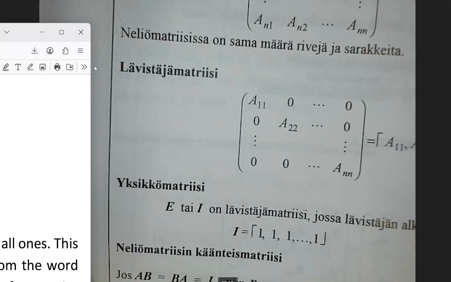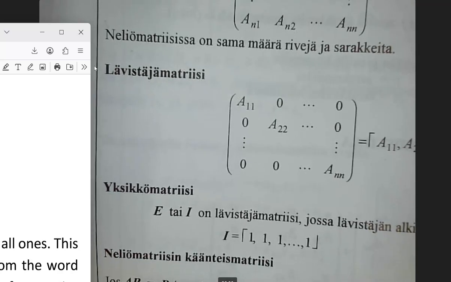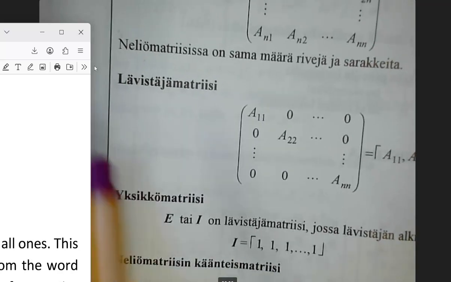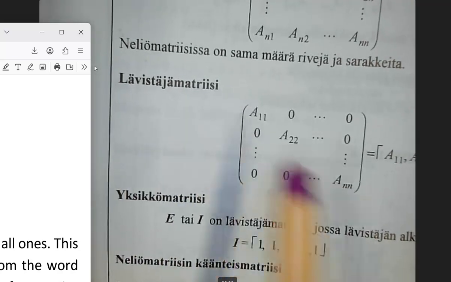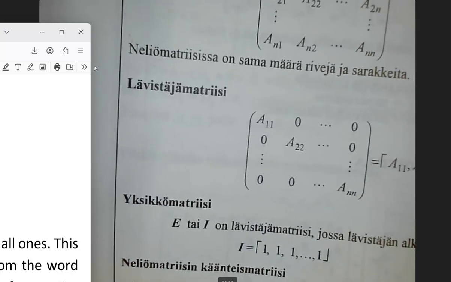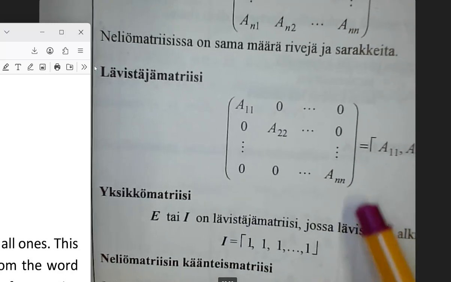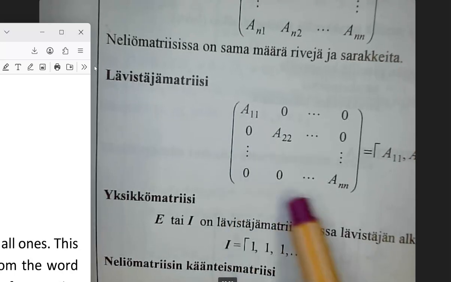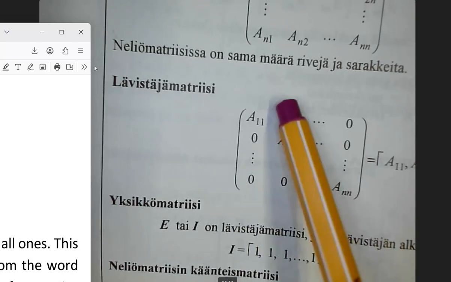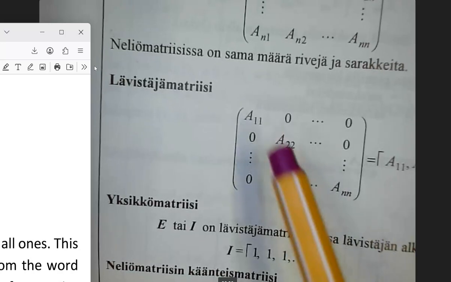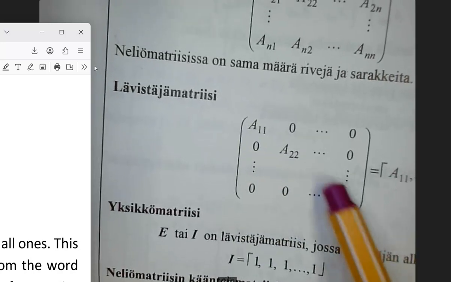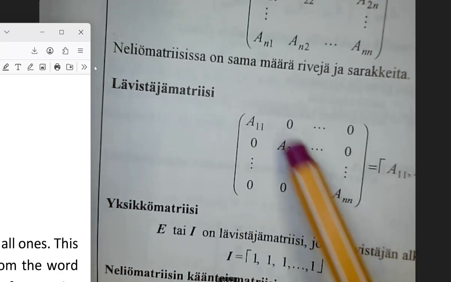And this matrix here also has a Finnish word, lävistäjämatriisi. That was the diagonal matrix. As you see here, there are zeros here and zeros here, but all non-zero elements are located in the main diagonal.